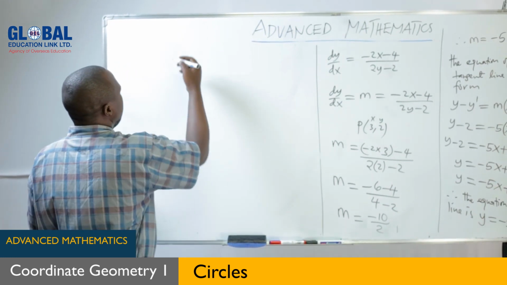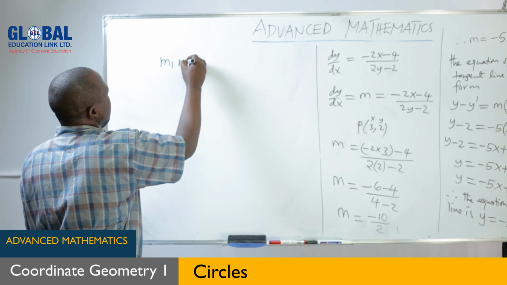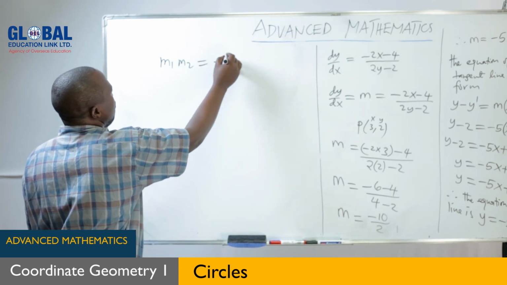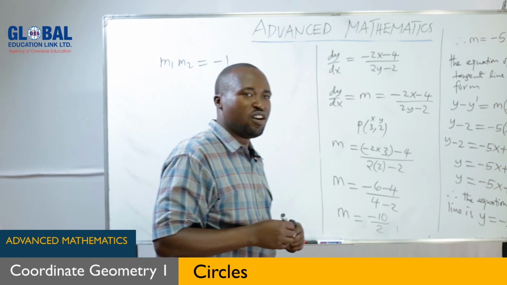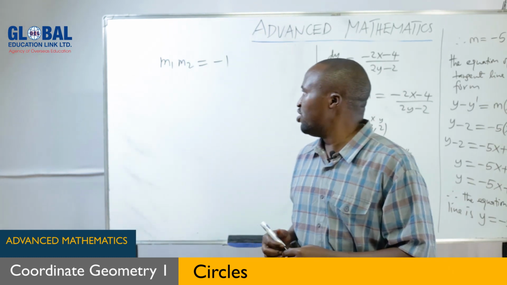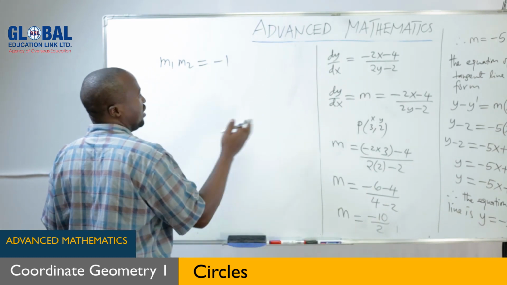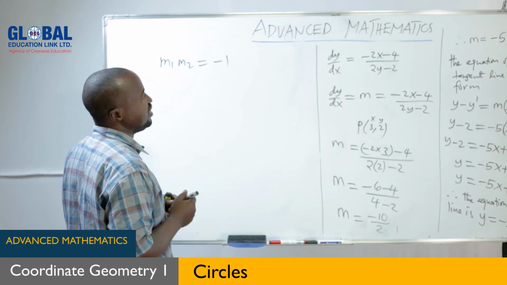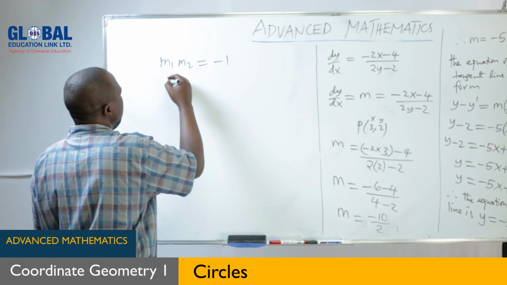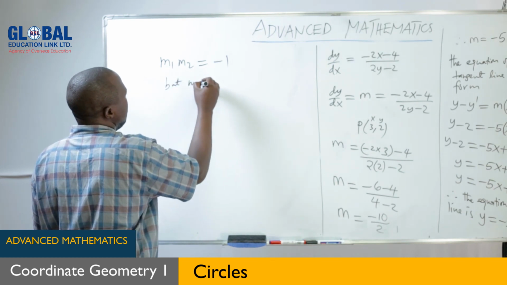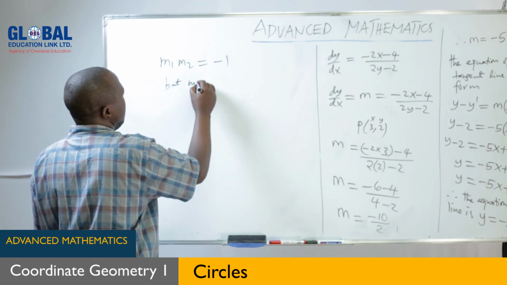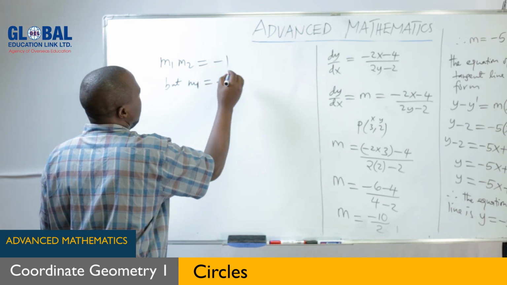First, we say m1 times m2 is equal to negative 1. For m1, we take the slope we have, that is negative 5. So remember that m1 is equal to negative 5.